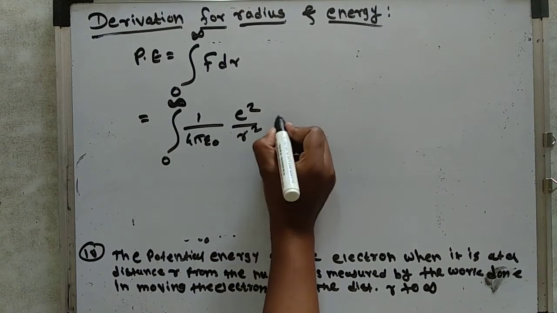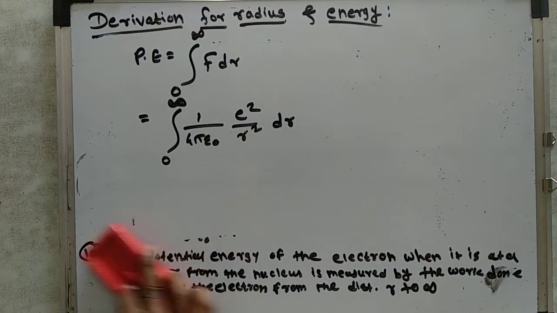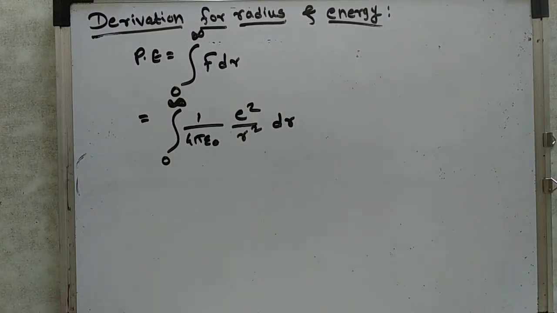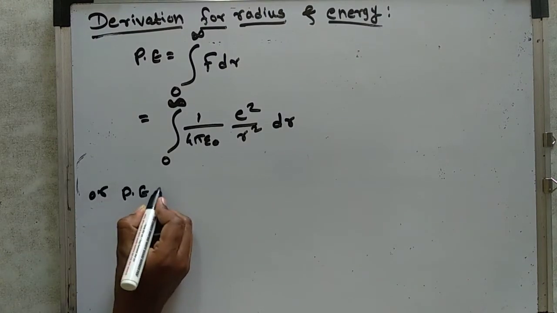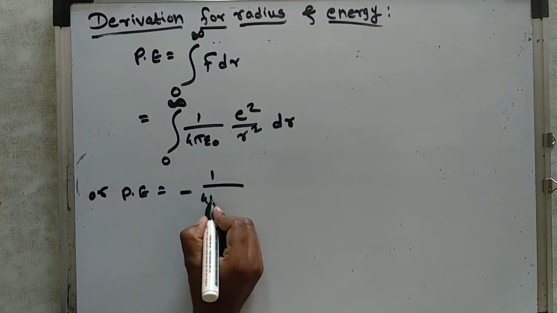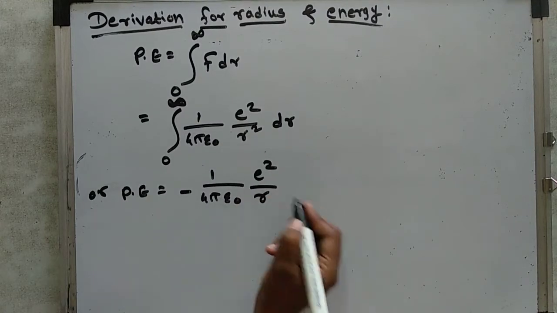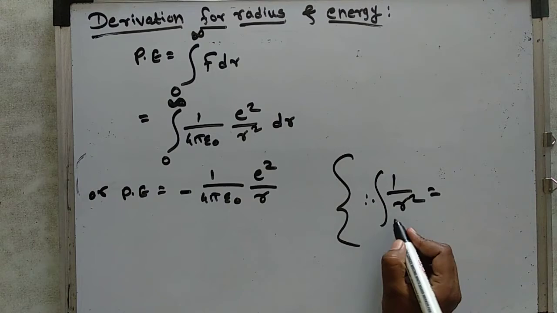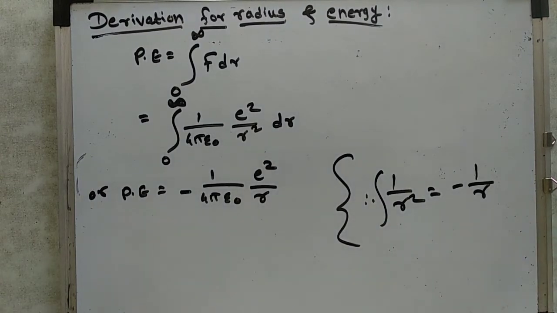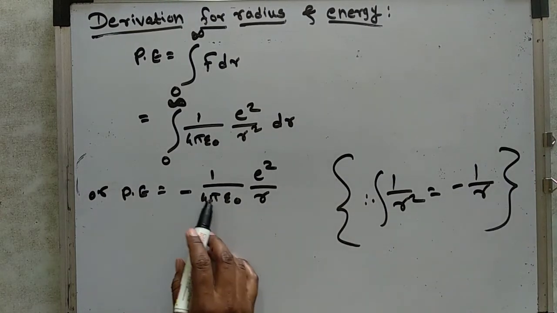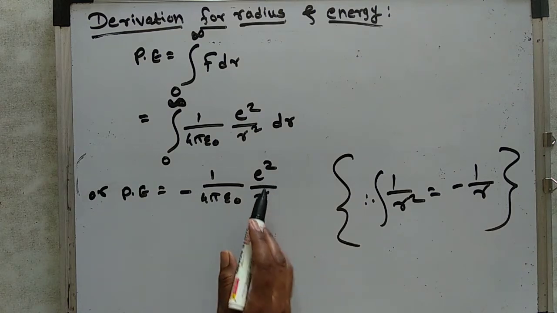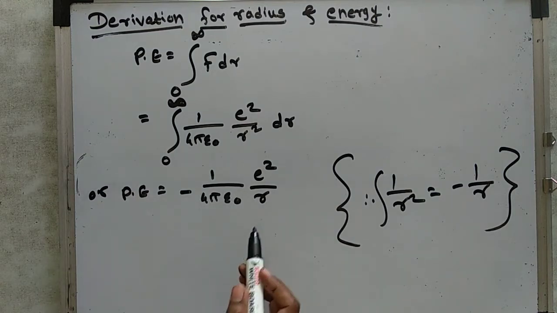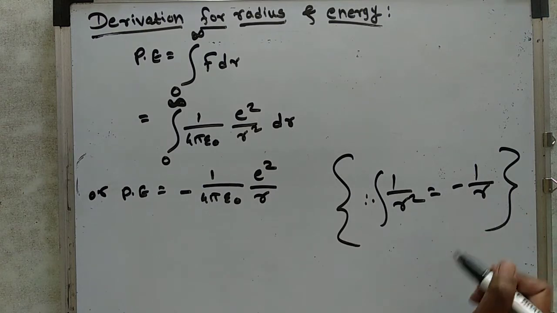The term 1 upon 4 pi epsilon naught e square is a constant, so it goes outside, and the integration of 1 upon r square is minus 1 upon r.